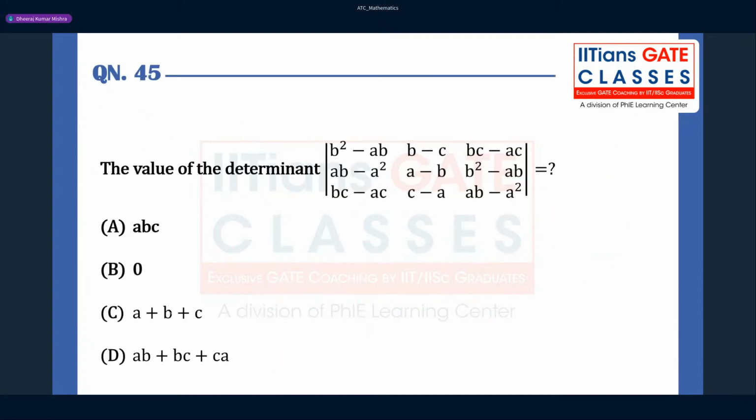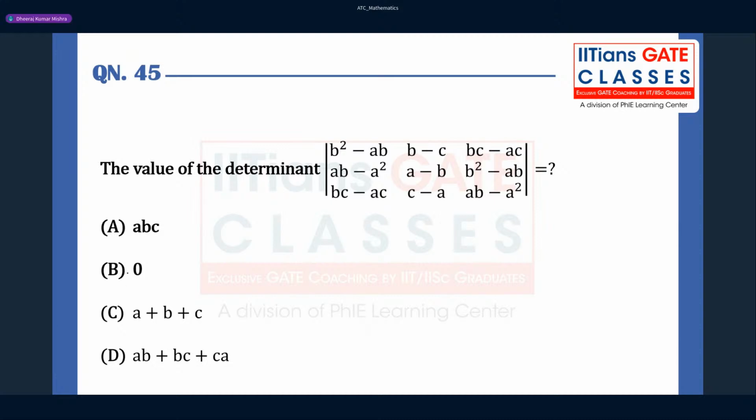This question is a familiar one. Everyone, please try this question. So many questions are there. The value of the determinant: b square minus ab, minus a square, bc minus ac, square; b minus c, a minus b, c minus a; bc minus ac, b square minus ab, minus a square.